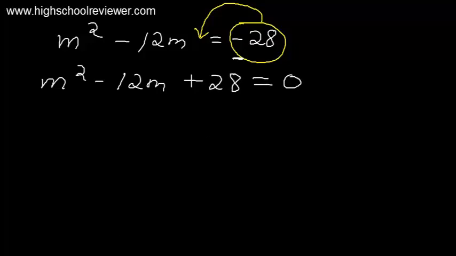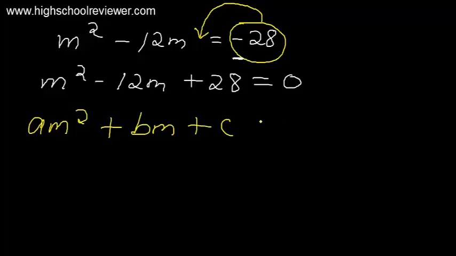So our quadratic equation is now of the form a m squared plus bm plus c equals 0. So the values for a, b, and c are as follows. Our a here will be the numerical coefficient of our first term, and since there is none, this is understood as 1.